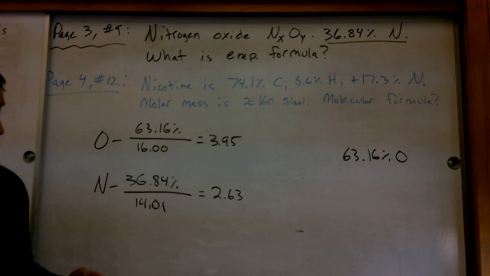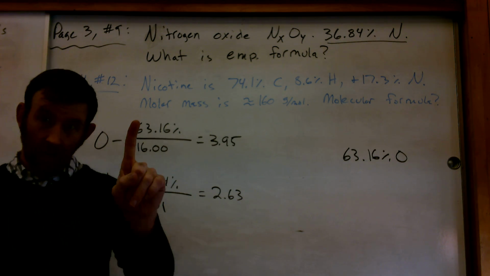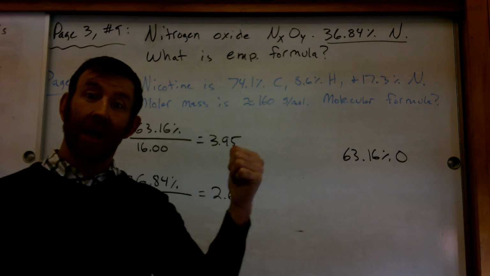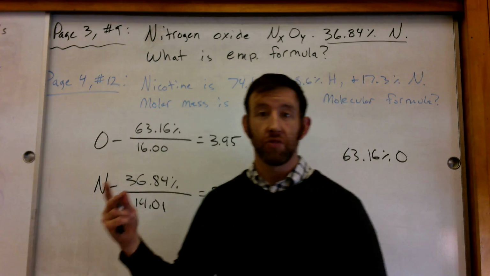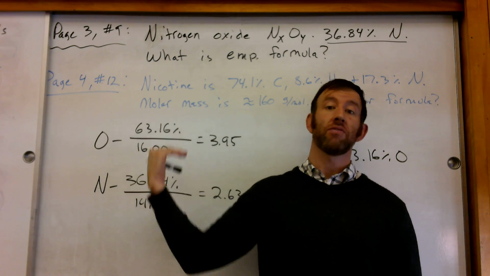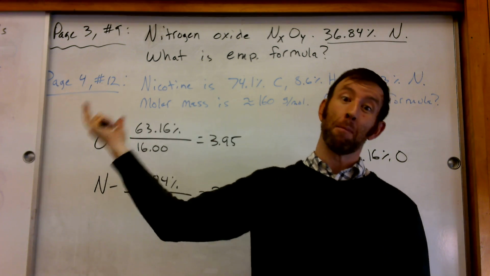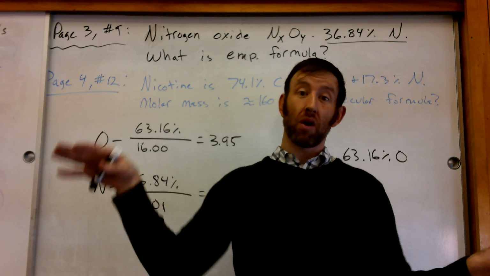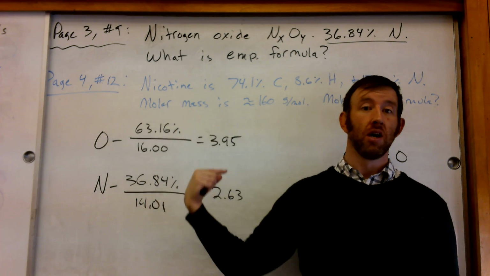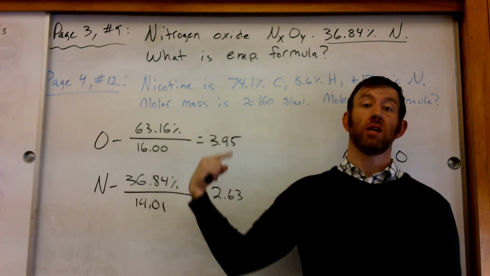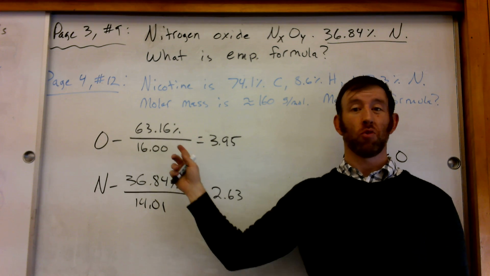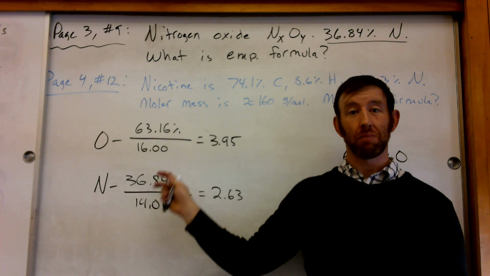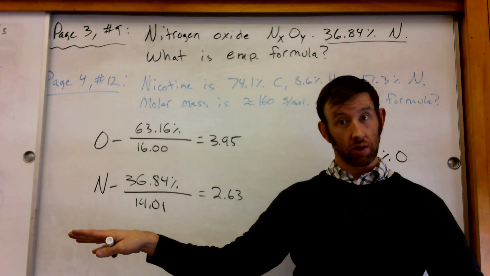That's step 1 that I showed you in class from that last PowerPoint. Because oxygen and nitrogen have different masses, and we have percent by mass, I've gotten the mass part out of the equation. I want to know my ratio of oxygen atoms to nitrogen atoms in that formula. So by dividing by the atomic mass, I take the mass out of the picture.